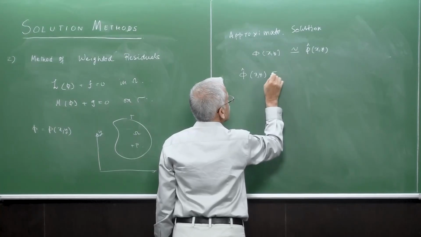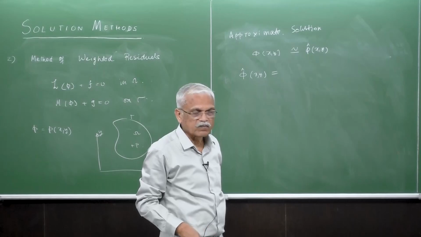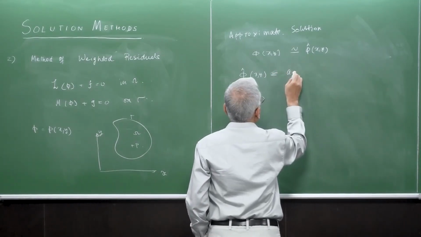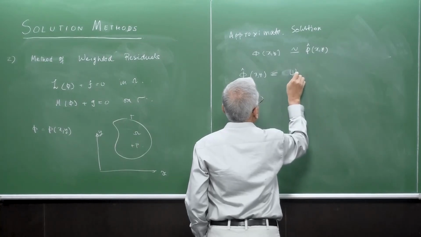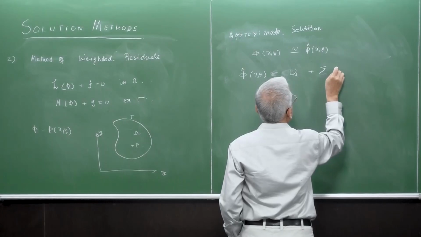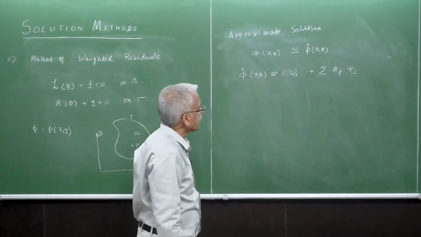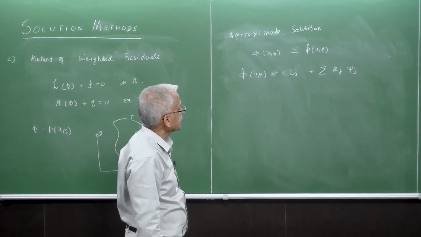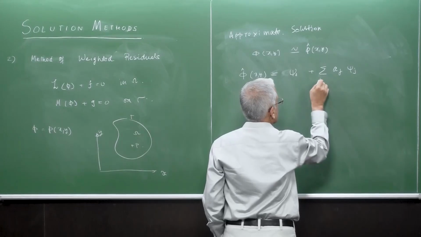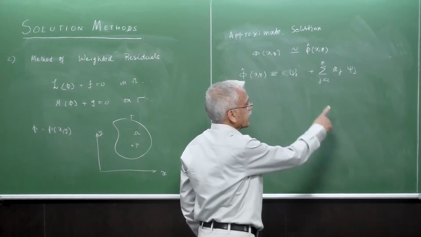What we are going to do is approximate it as psi naught plus a summation of n terms, a j psi j.